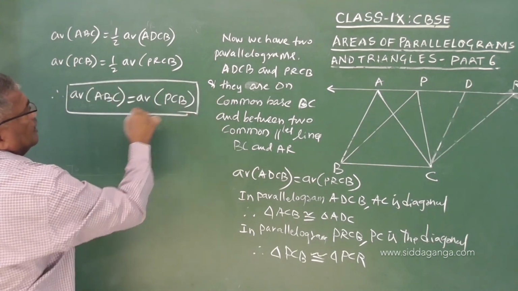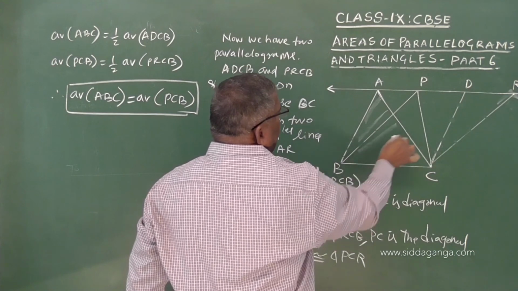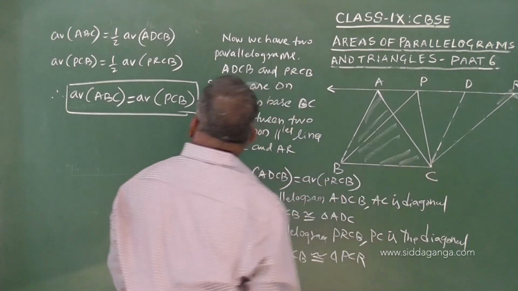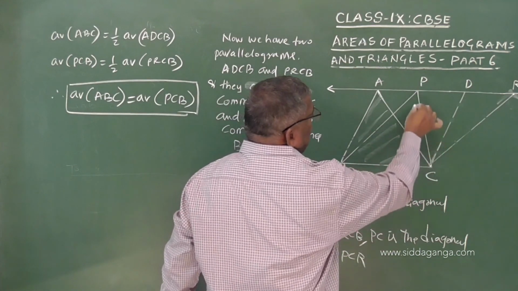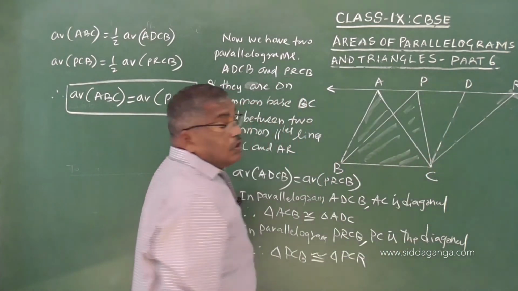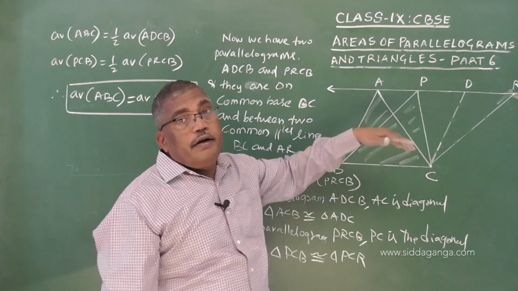So, that means the area of this triangle and the area of triangle PCB, they are on the same base and between two parallel lines.